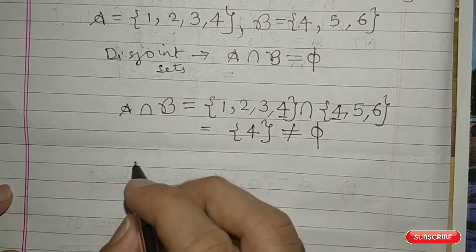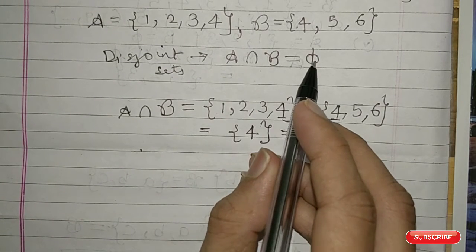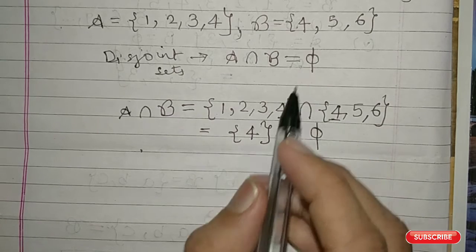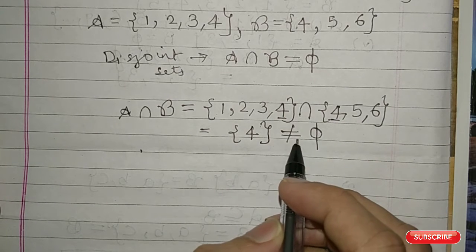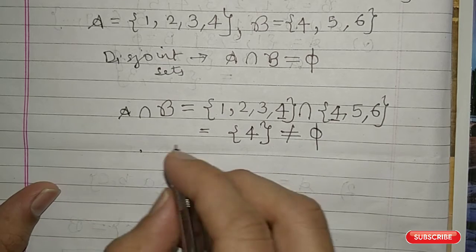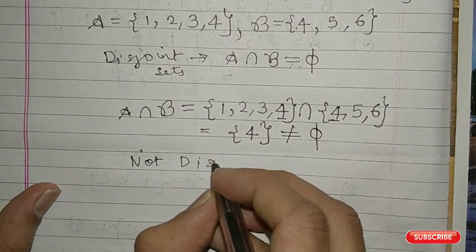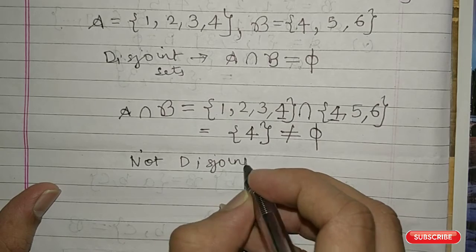The intersection should be empty for the sets to be disjoint. Here you are getting the intersection of two sets as non-empty, so the two sets are not disjoint sets.